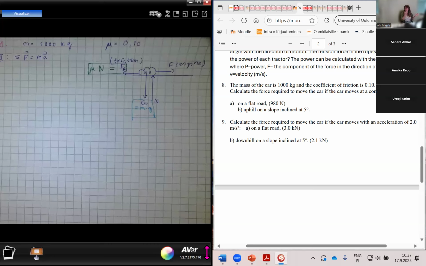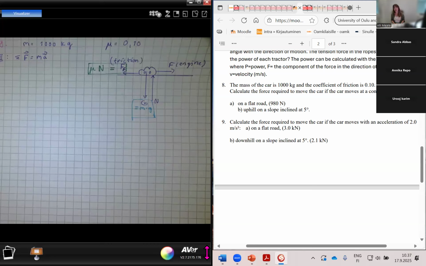And with this information now, you should be able to calculate the force for the engine. And here it says that the car moves at constant speed.